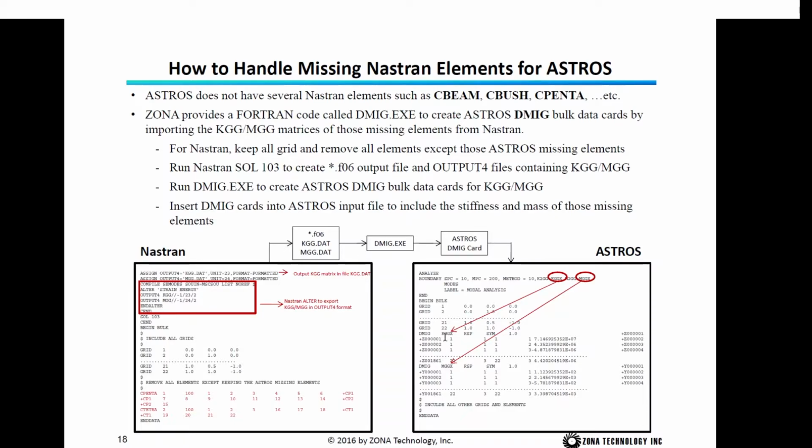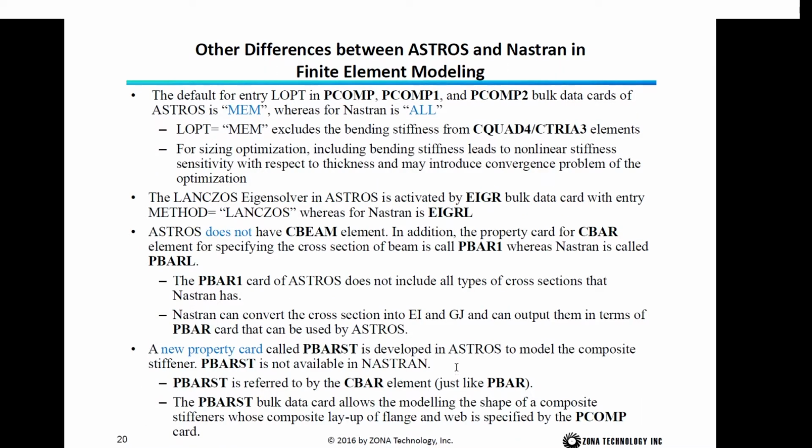So this is the stiffness matrix, this is the mass matrix of those missing elements, and then use K2GG, M2GG to refer to those two matrices. In so doing, you can also include the stiffness and mass matrix of those missing elements in the ASTROS model.